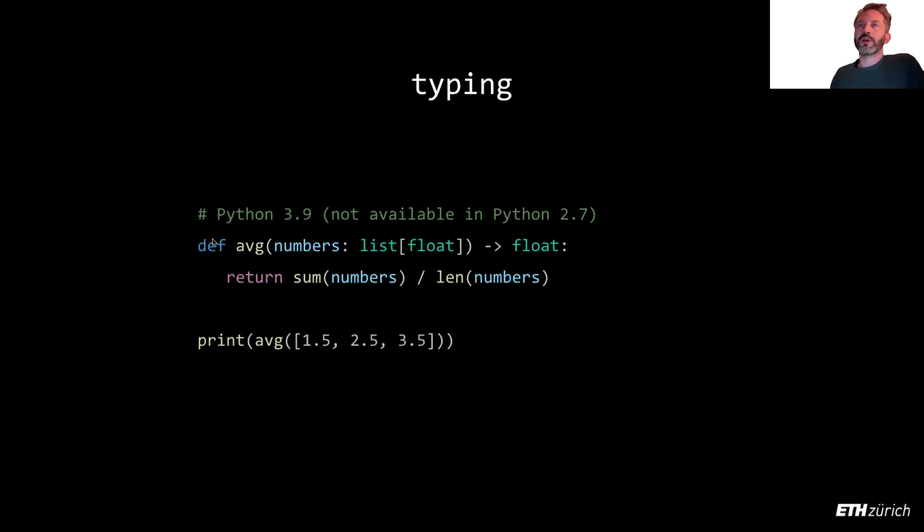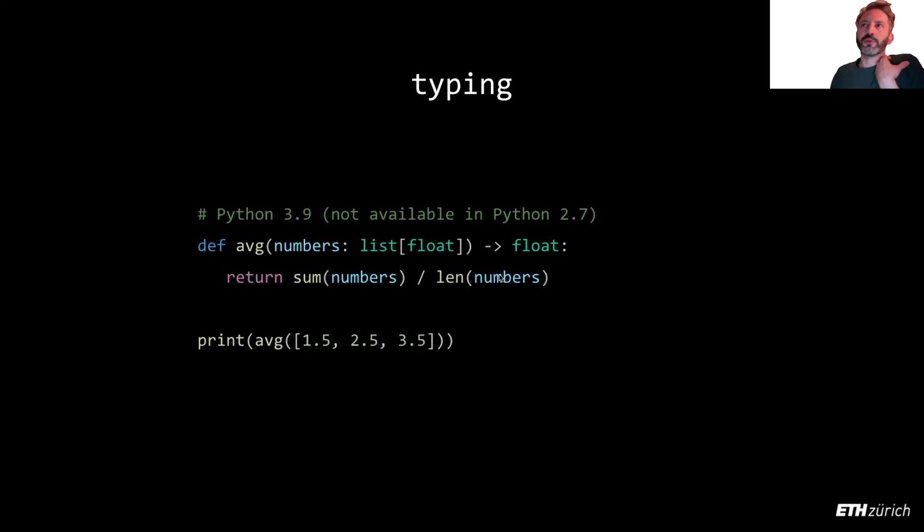So when you have, before we would have written def average, numbers, we close parentheses, and then we have the final colon. In Python 3.9, we can say numbers needs to be a list of floats, and this function will return a float in the end.